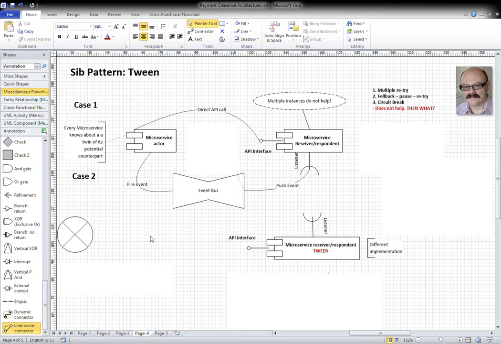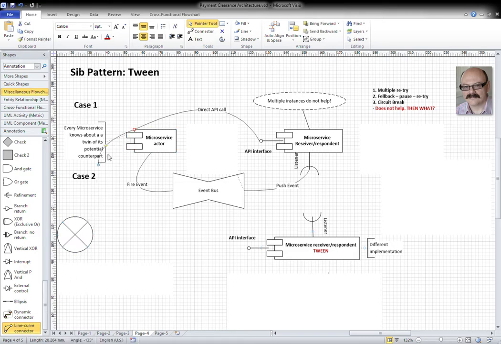A twin is another independent microservice which has exactly the same API, the same functionality, and the same outcome, but implemented differently than the microservice respondent. Since the microservice actor knows about the existence of the twin upfront, it does a very simple thing.